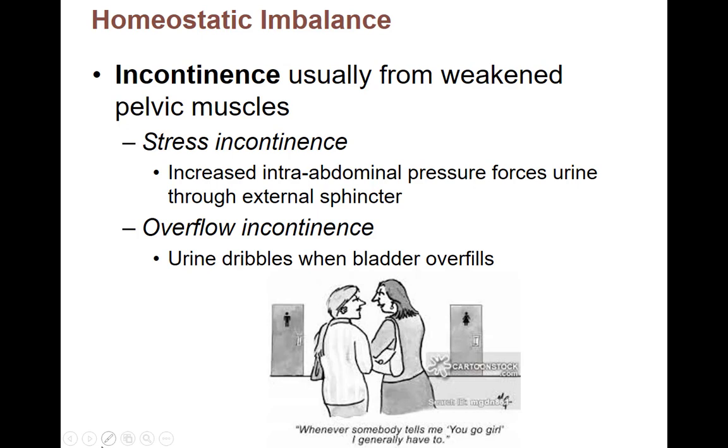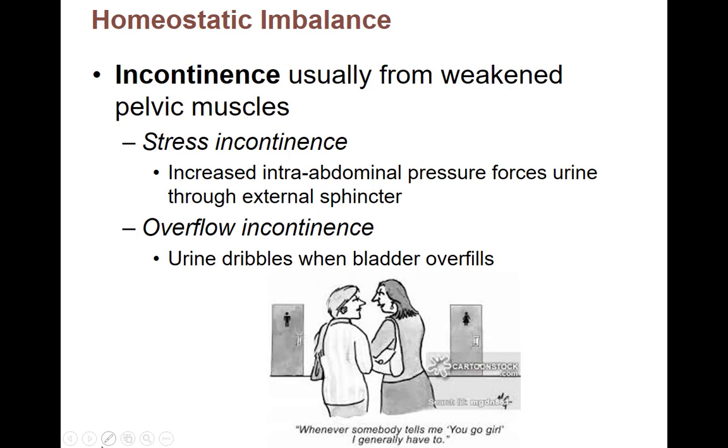Things that may cause an increase in abdominal pressure: sneezing, coughing, laughing. You've probably all heard the, oh my God, I laughed so hard, I peed a little. That's stress incontinence. Too much pressure in that abdominal area, and you couldn't keep that external urinary sphincter closed tight enough, and you peed a little.